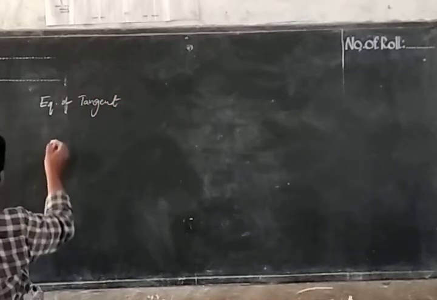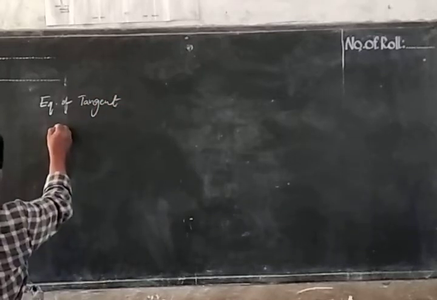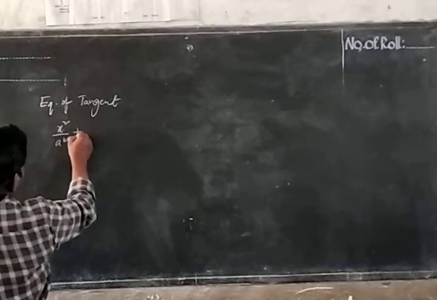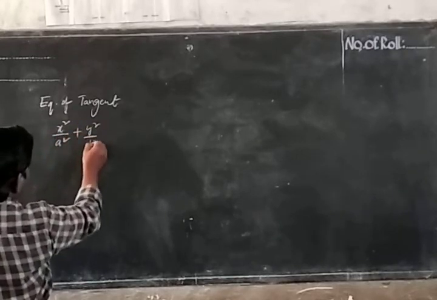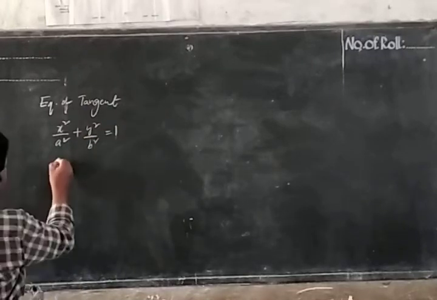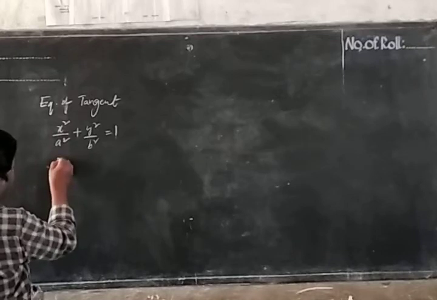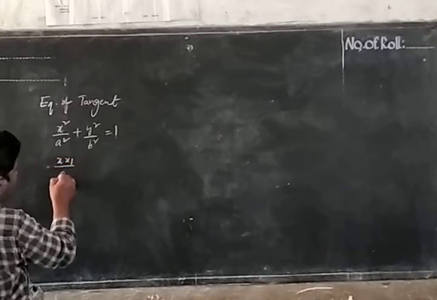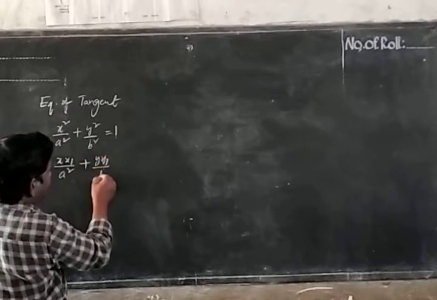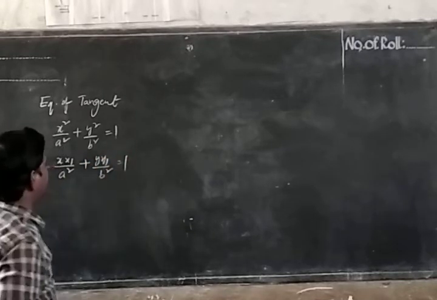We know that x square by a square plus y square by b square equal to 1, or otherwise we have to change it like x1 x by a square plus y1 y by b square equal to 1.